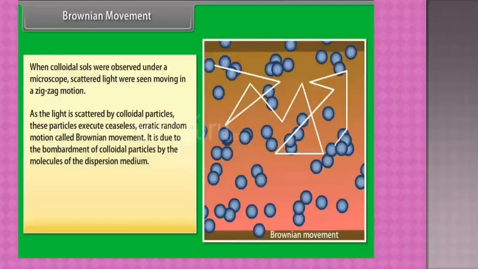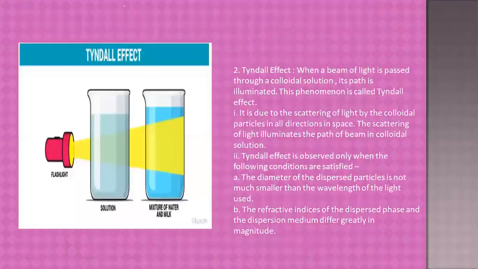This zigzag motion of the colloidal particle is due to the unbalanced bombardment of particles by the molecules of the dispersion medium. The Brownian movement has a stirring effect which does not allow the particles to settle and is thus responsible for the stability of the sol.